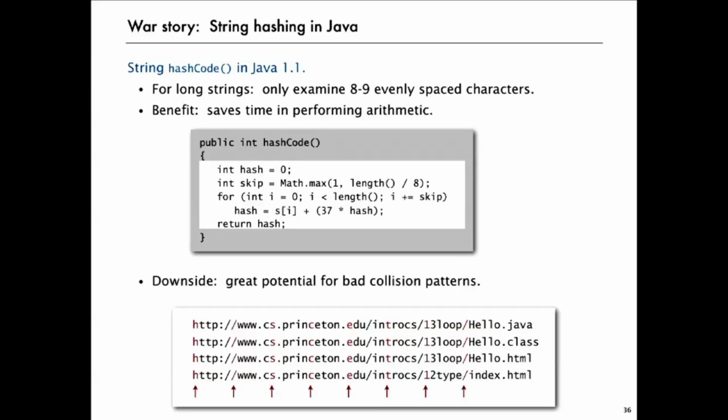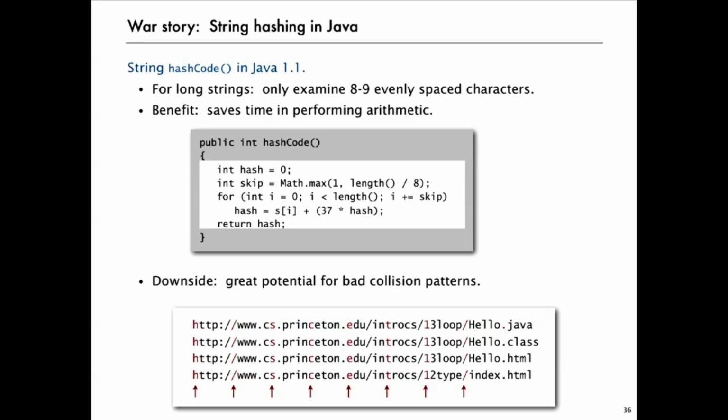And anyway, for Java 1.1, what happened was that there was a huge potential for really bad collision patterns on typical data. So here's an example of typical data, which is a URL. All of these keys, which are totally different, would wind up having the same collision.